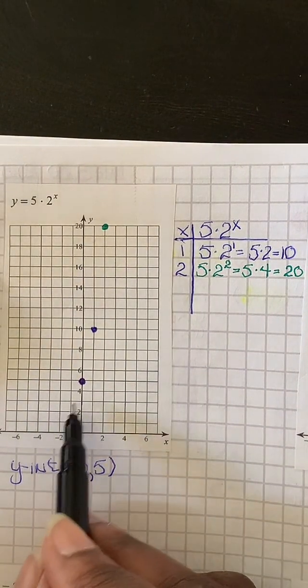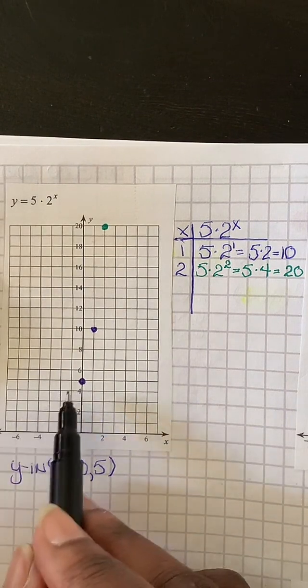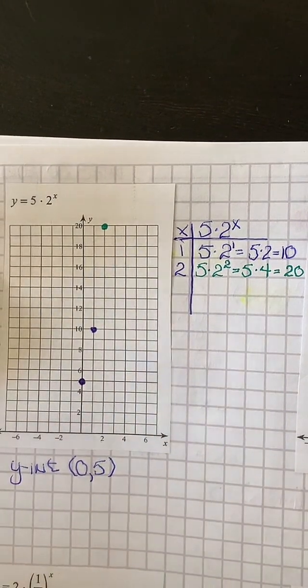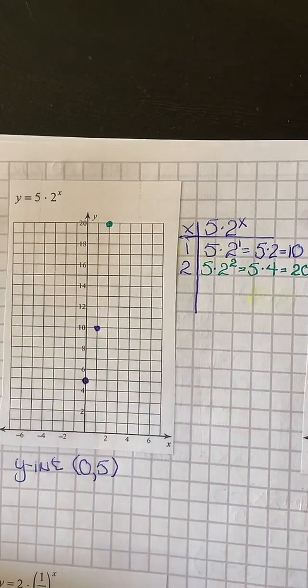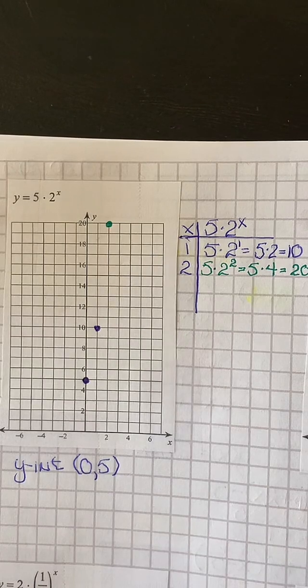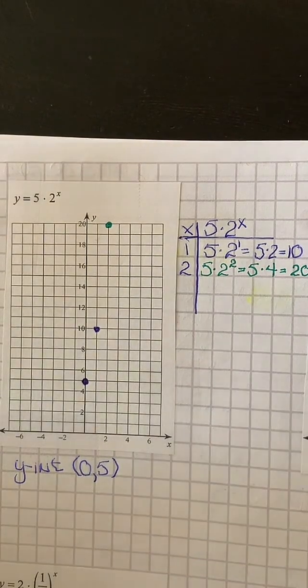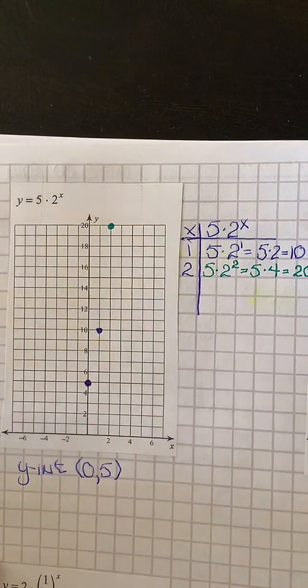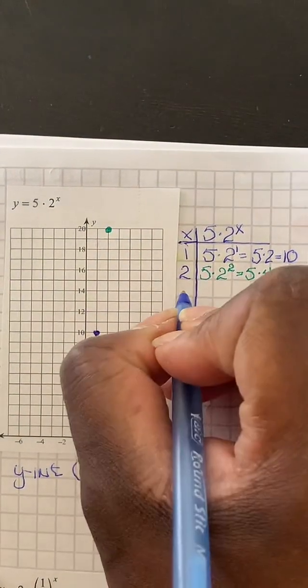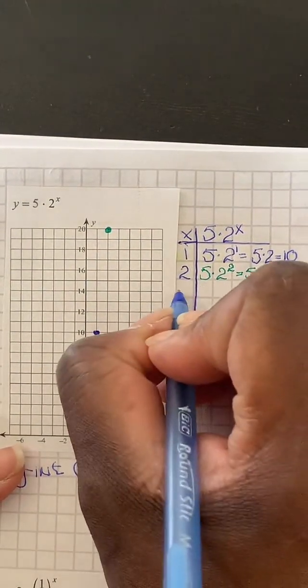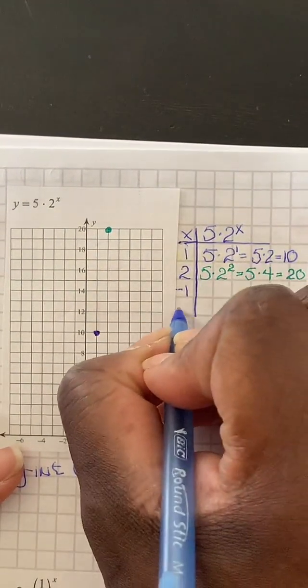Well, I want to see what's happening down here. If I want to, let's say, go to the negative second power, we can do negative 1 and negative 2.